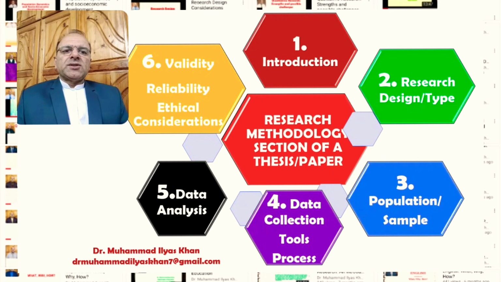The fourth one is the data collection tools and processes section. The fifth one is the data analysis section. And the sixth one is the section that relates to the validity, reliability, and ethical considerations of the research process.